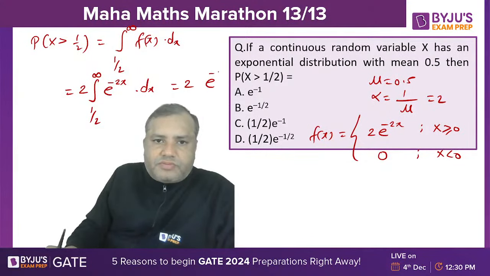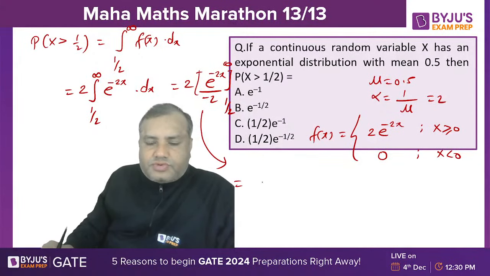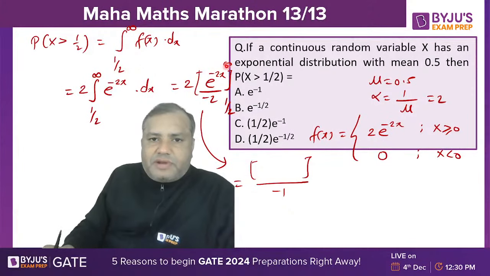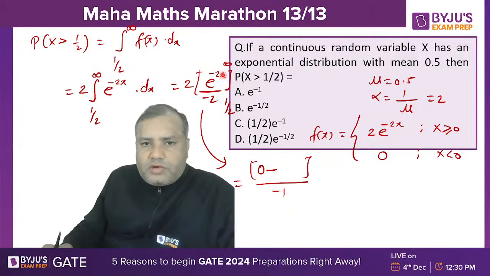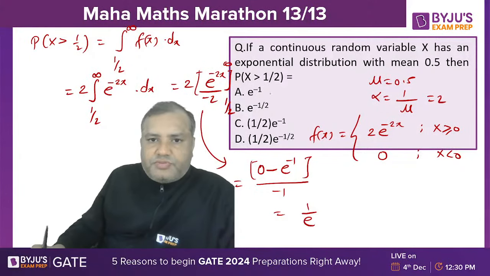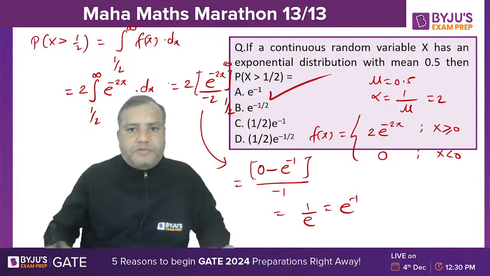So 2 e raised to minus 2x upon minus 2, and limits will be 1 by 2 to infinity. 2 and minus 2, the 2s cancel, minus 1 in the denominator. Then apply the upper limit, infinity. So e raised to minus infinity will be 0. Lower limit: minus e raised to minus 2 into 1 by 2, e raised to minus 1. So plus 1 by e should be our answer. That is e inverse, which is 0.368. Option A.